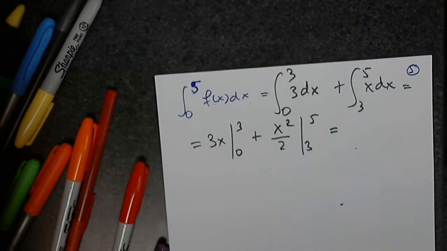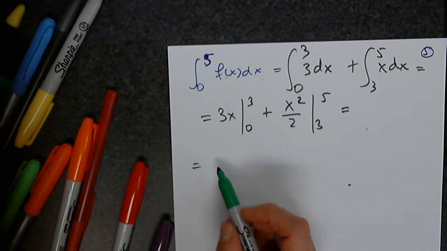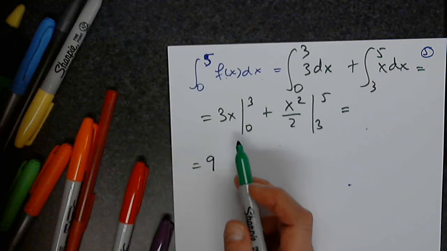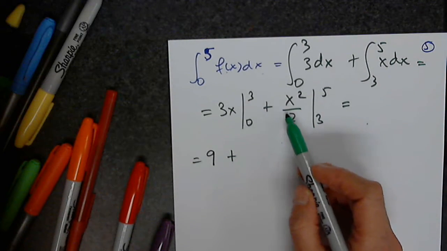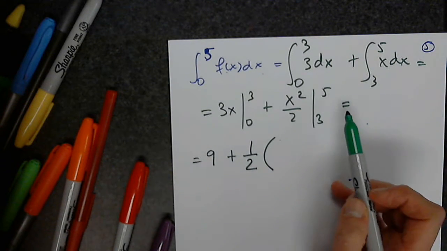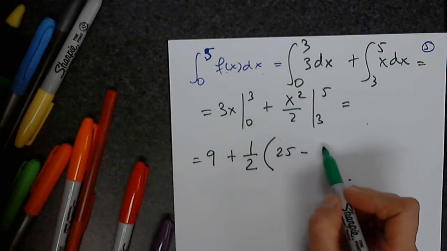So let's do this. I plug in 3, what do I get? Subtract when I plug in 0, but when I plug in 0, I get 0, so I don't have to bother with that. Please leave the constant 1/2 outside, and only plug in 5, 25, minus when you plug in 3, which is 9.